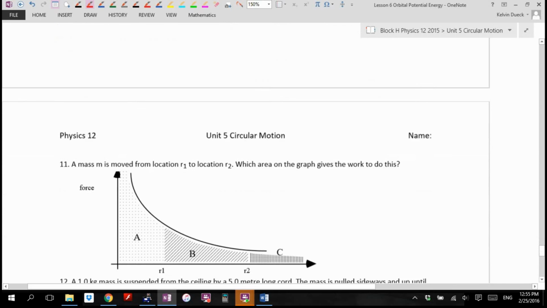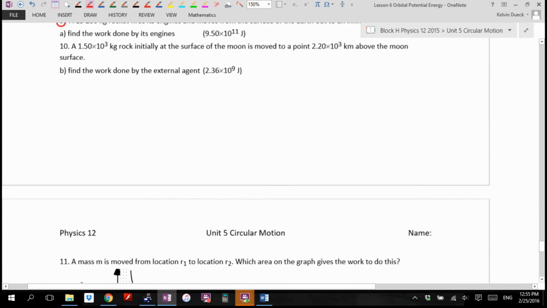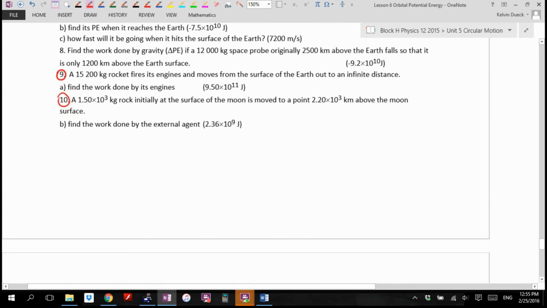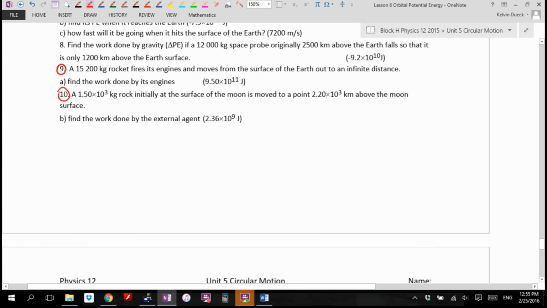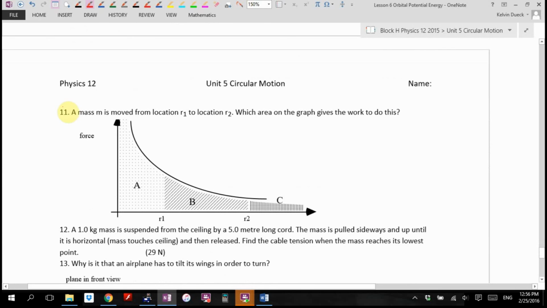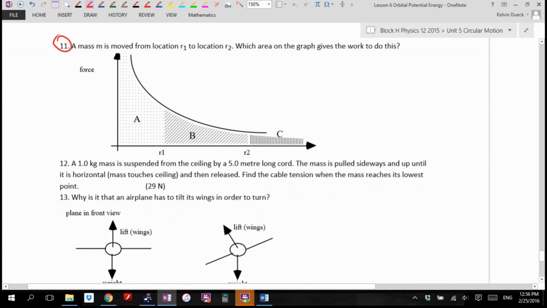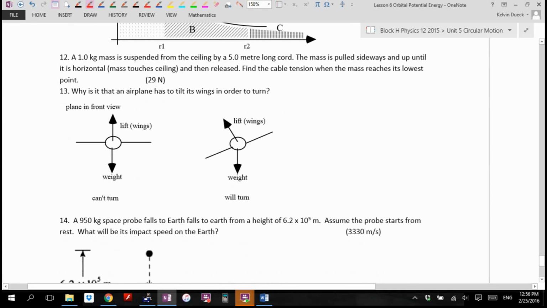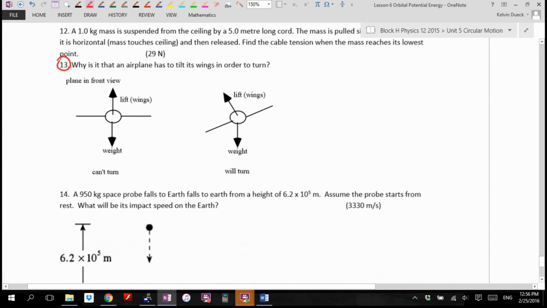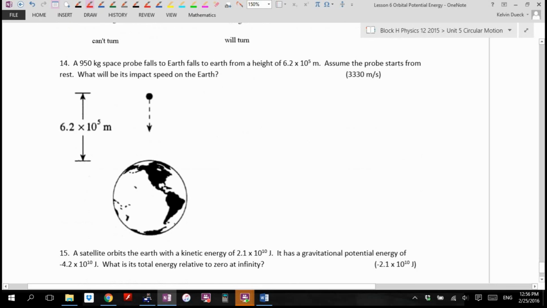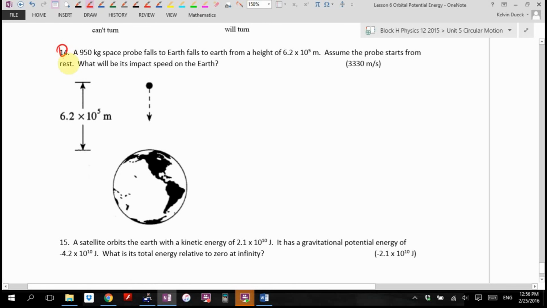Maybe 10. Yeah. Well, 10 is the moon, and I'm a nerd enough that, yay, I get to be on the moon. 11 is just a conceptual question. 13 is cool. 14 and 15.